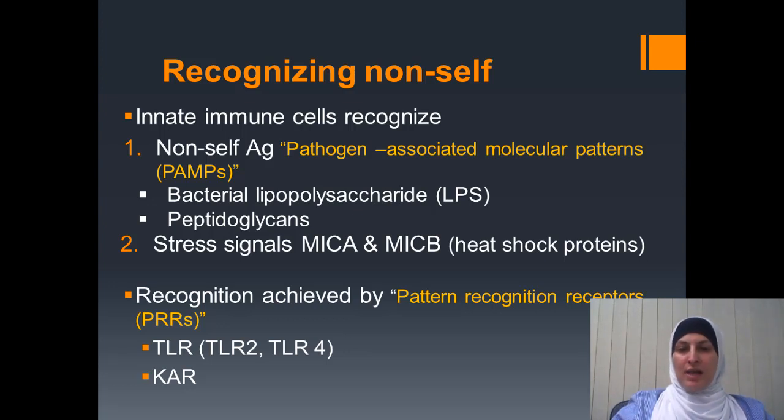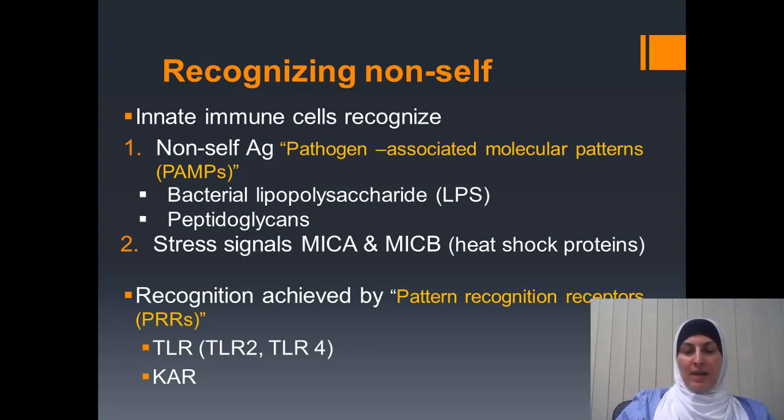These receptors are called pattern recognition receptors. They are located on the surface of the immune cells, and they can detect these non-self patterns or these stress signals. An example of the pattern recognition receptors is the toll-like receptors, very famous toll-like receptors.